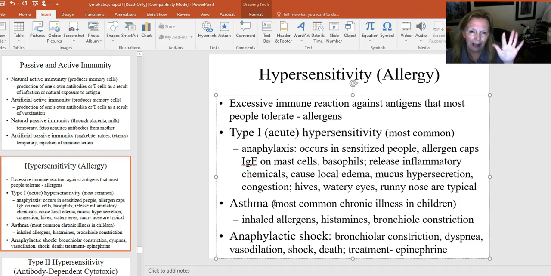Sometimes you can have allergies and allergens that you do outgrow, and it's because your body converts from the IgE class of antibody that causes you to have those reactions to IgG. And IgG means you're never going to have reactions again. What we would love is to have everything be IgG, because it means you're never going to have reactions again. And some people really do that with certain allergens when they're really, really young.